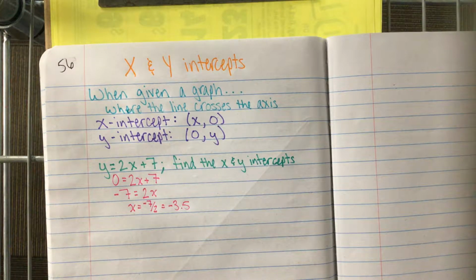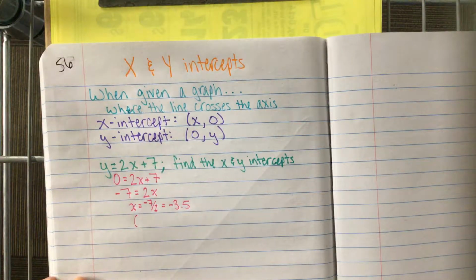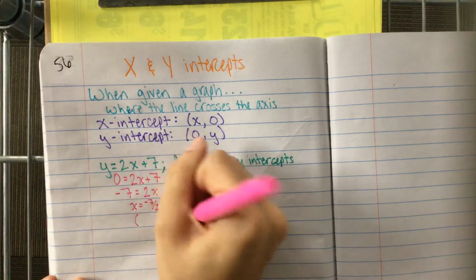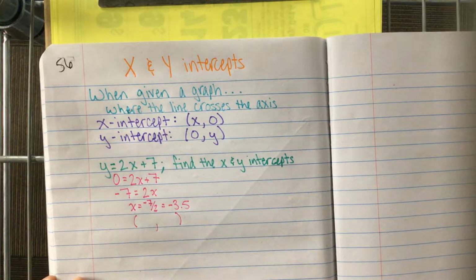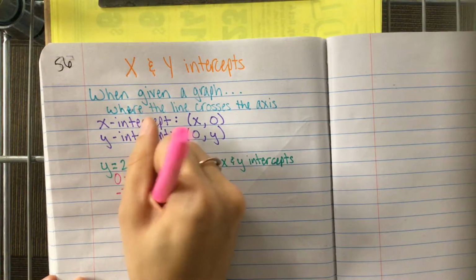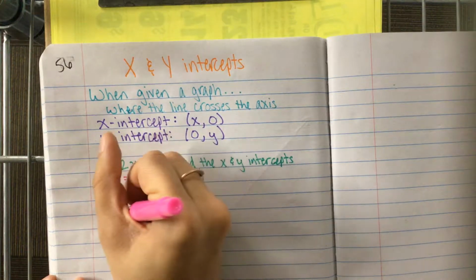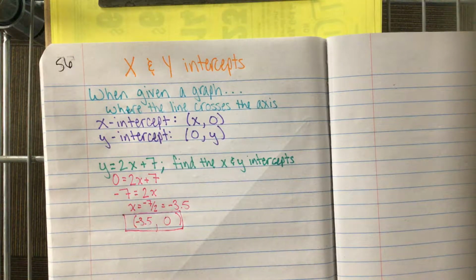So if I want to know the ordered pair of my x-intercept, what would it look like? Negative 3.5, 0. Negative 3.5, 0 is your x-intercept. You should get that really fast.